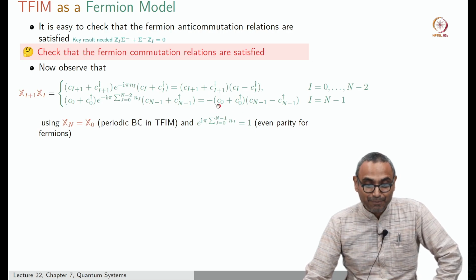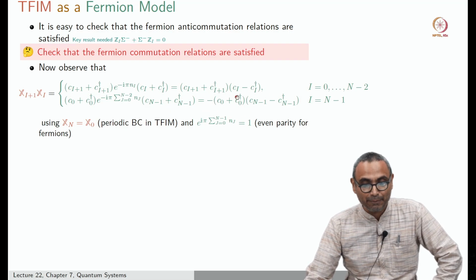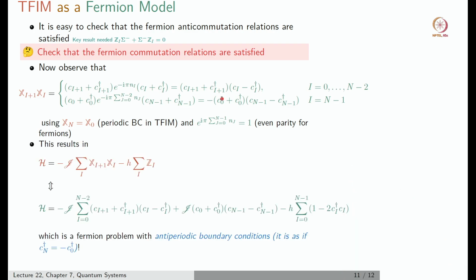So you see, I can imagine this as c_n plus c†_n without writing this, and now since it's coming out as c_0 plus c†_0 with a minus sign, I now say that this is a problem with antiperiodic boundary conditions. c_n is turning out to be minus c_0.